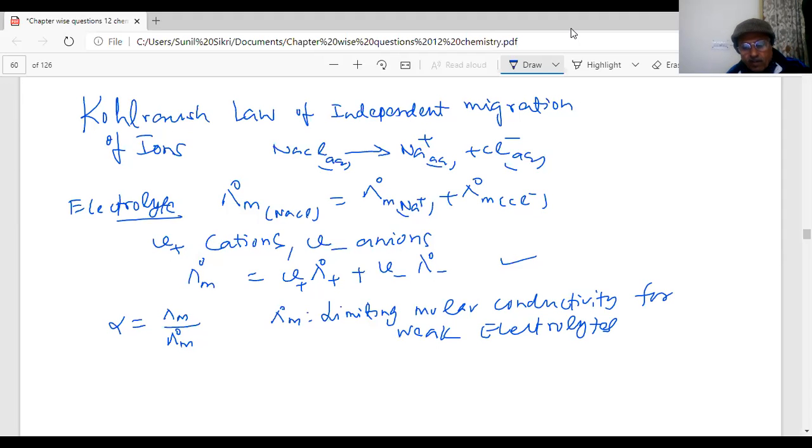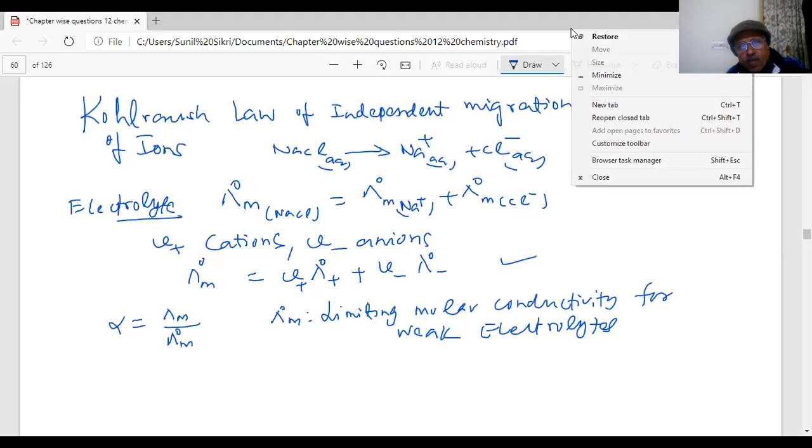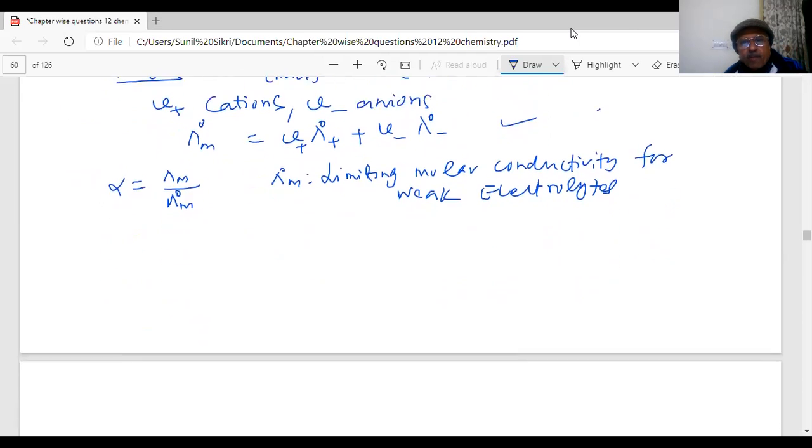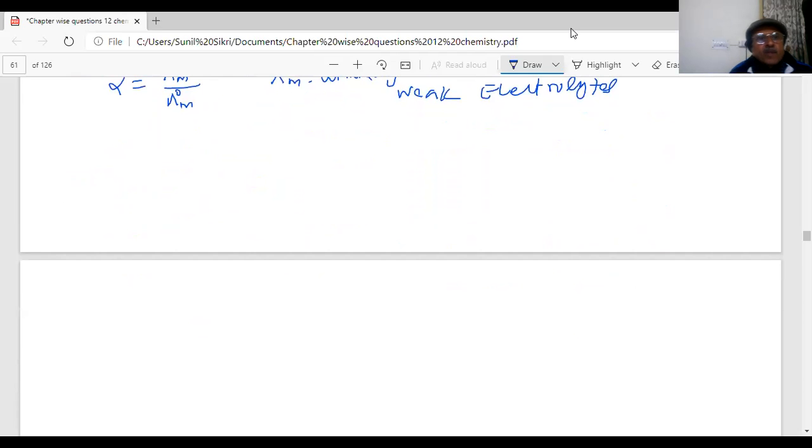What is the formula for the dissociation constant of the weak acid, students? You already know. For a weak acid like acetic acid, we have derived that formula earlier also.